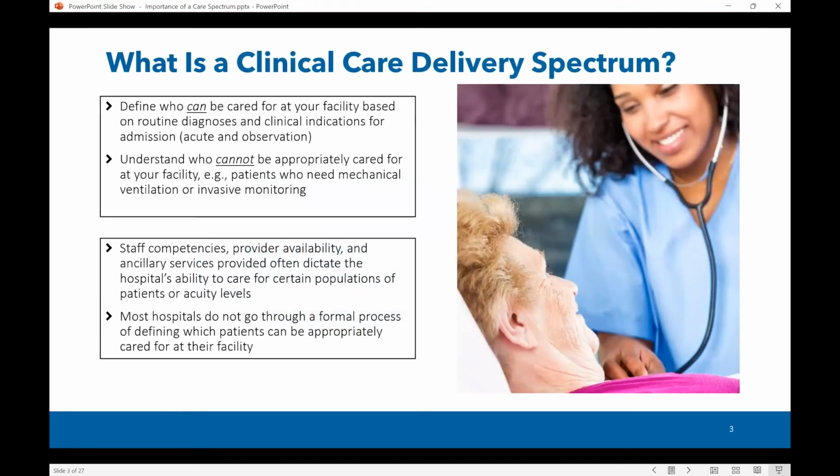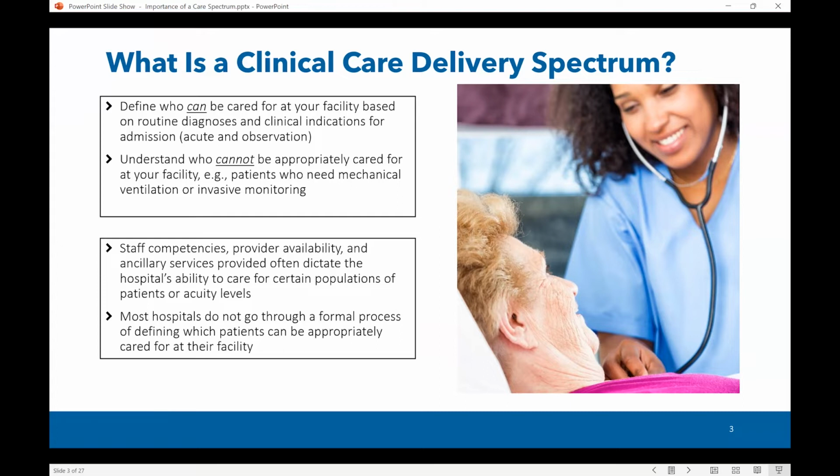So what is the clinical care delivery spectrum? This is a way for you to formally define who can be cared for at your facility. That has to do with diagnoses and clinical indications, and that would be acute and observation. Now, we have used the process of defining a care spectrum for swing bed as well.